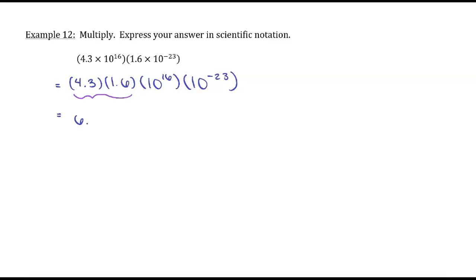This gives us 6.88. Next, let's multiply our 10 to the positive 16th and our 10 to the negative 23. Using our product rule, this is 10 raised to the exponent of 16 plus negative 23. And simplifying, we have 6.88 times 10 to the negative 7.